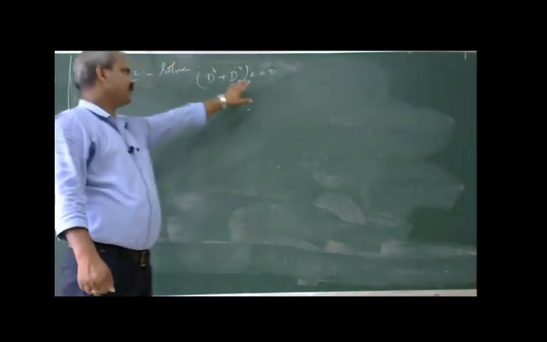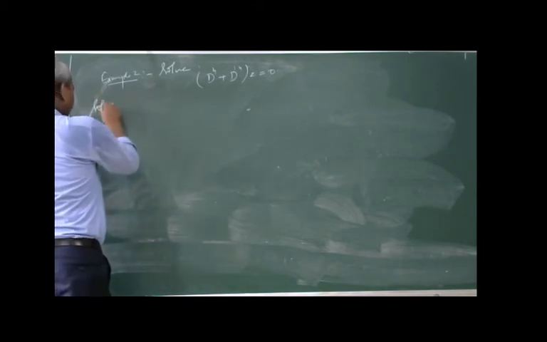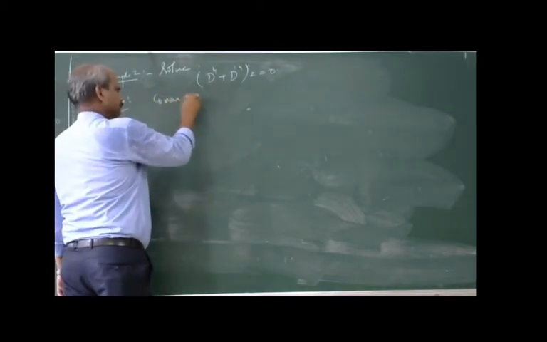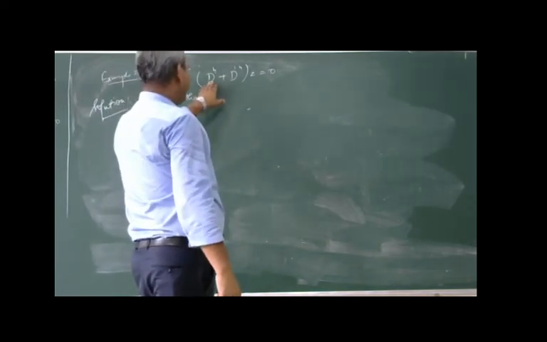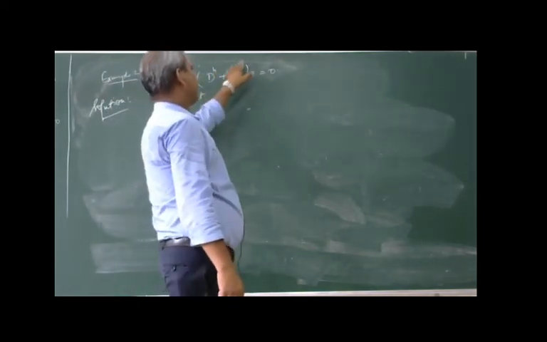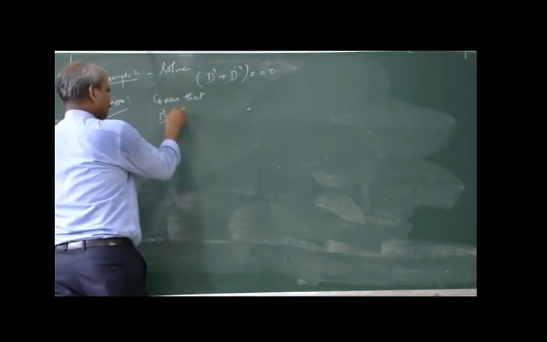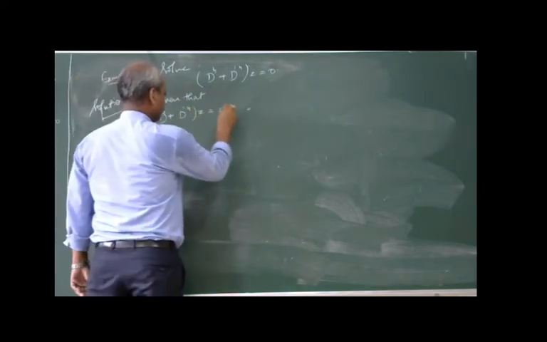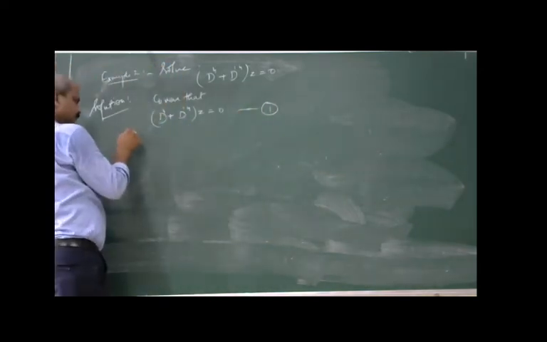It looks very easy, but the solution is of this type: given D to the power 4 plus D dash to the power 4. This is the first equation.